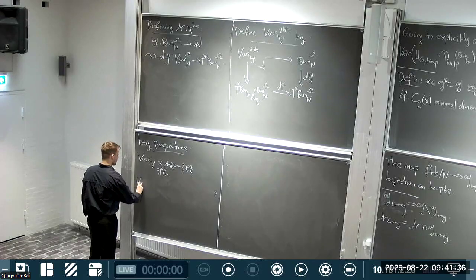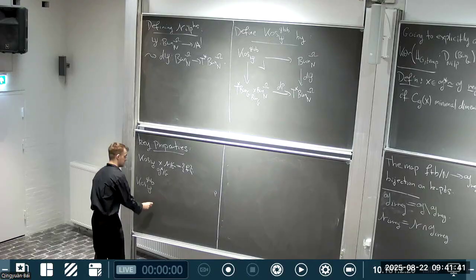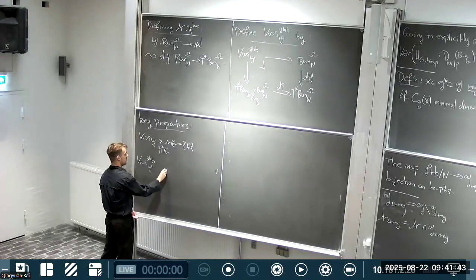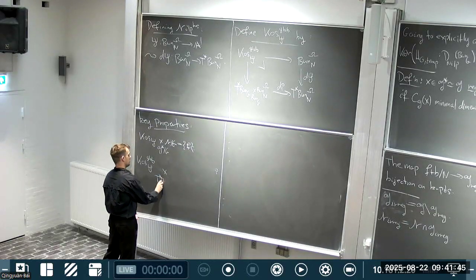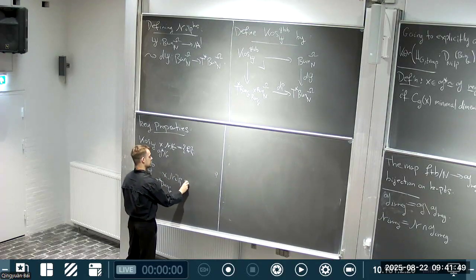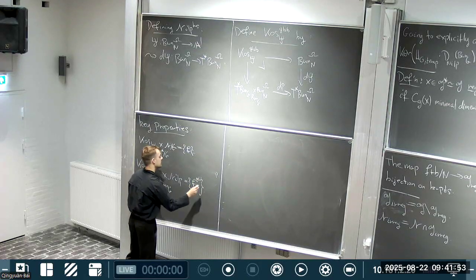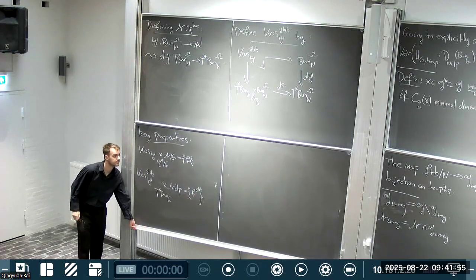And similarly for the global Kostant slice, we take the fiber product of g star mod G with the nilpotent cone. This intersection is just a single point.